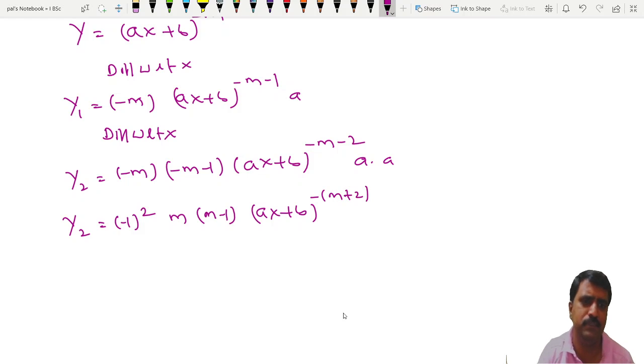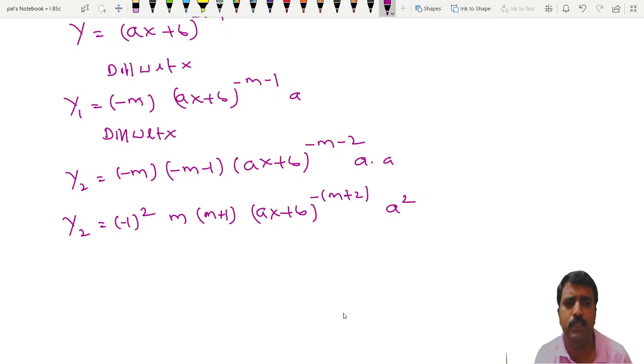You can take minus outside, minus of (m plus 2). And what else is there, a into a, which can be written as a square. Now you can generalize the result by this.